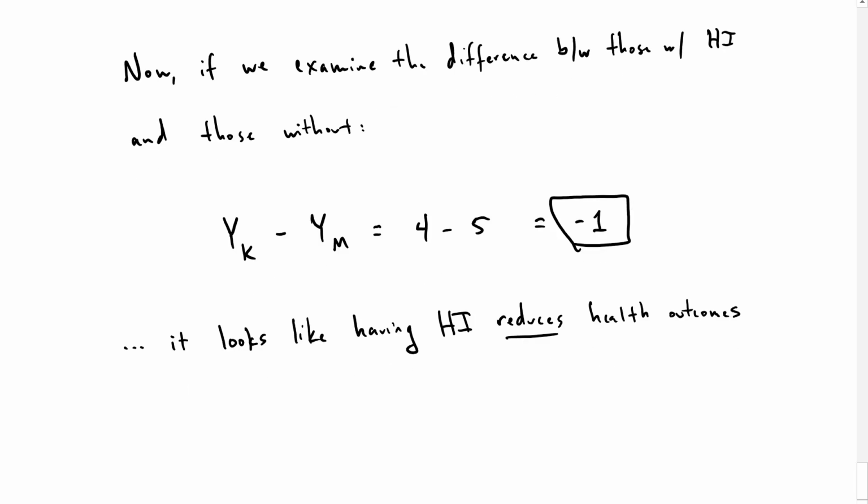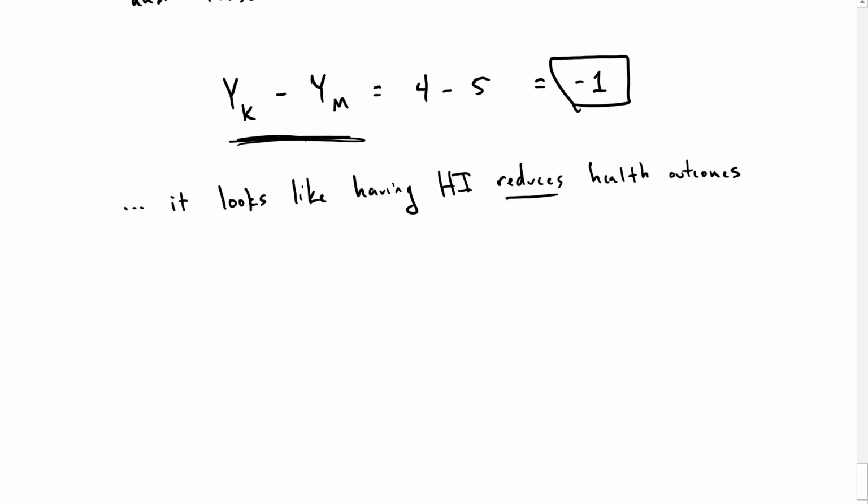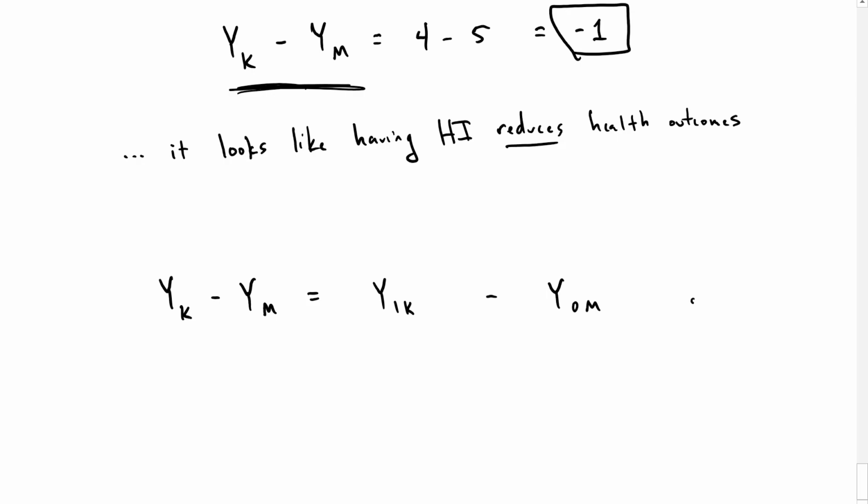Okay, but if we could actually see the underlying decisions being made by both of these people, if we look a little bit deeper, we can see that YK minus YM, Kuzdar's health minus Maria's health, is actually Kuzdar with insurance minus Maria without health insurance. This is what we observe.